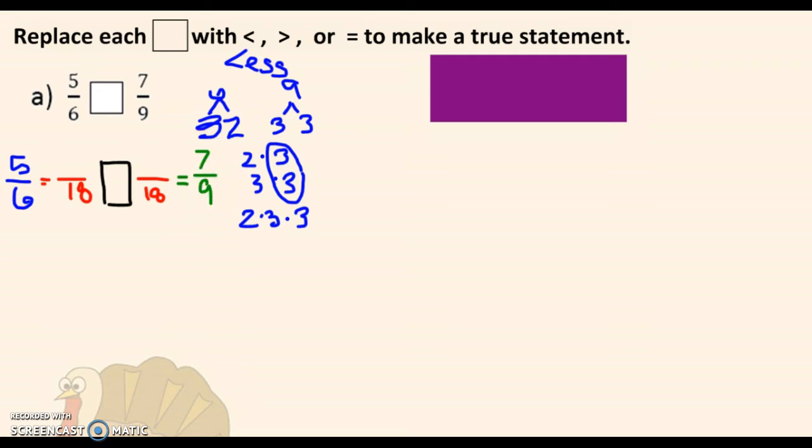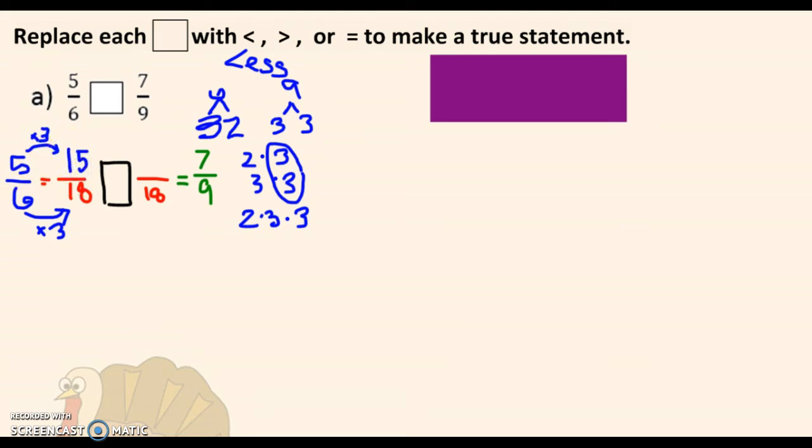So to keep this fraction equal to itself, we have to think about what times 6 is 18. And to get there, we multiply by 3. So we need to multiply 5 by 3 in the numerator so that it stays equivalent. So 5 times 3 is 15.